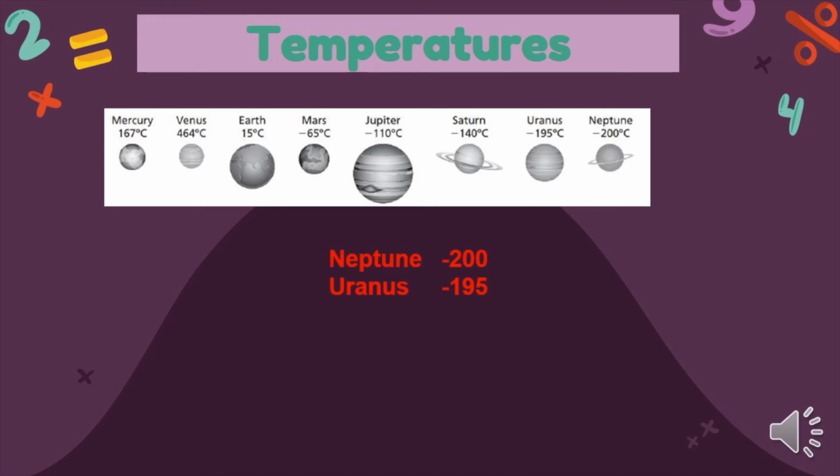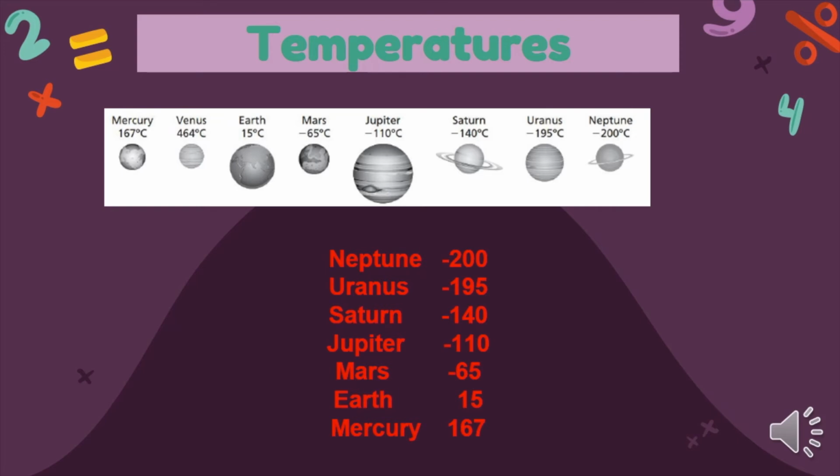Then Uranus is negative 195. Saturn is negative 140. Jupiter is negative 110. Mars is negative 65. Earth is 15. Now we're getting into the positive numbers.